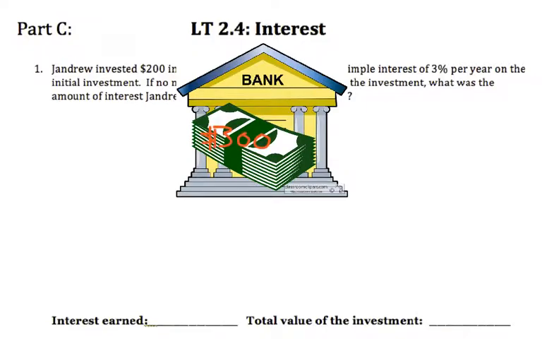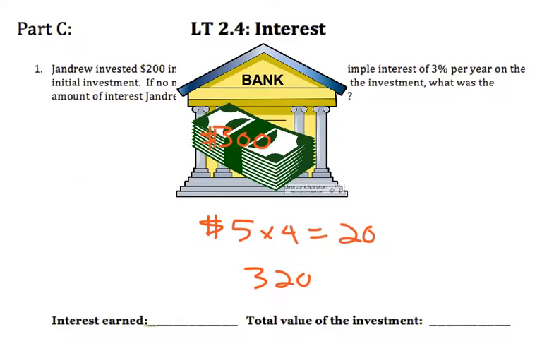After maybe a year, you're going to have an extra $5 of what's called interest, so in total you would have $305. Maybe you keep it in for 4 years, and now you make an extra $20, so you have a total of $320. So basically, interest is the extra money that a bank will pay you for letting them hold on to your money for a little bit.